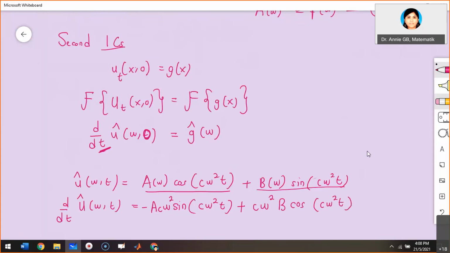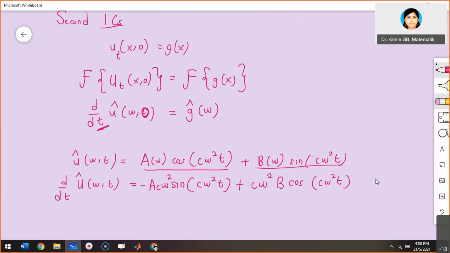Differentiate sine will give me cos, and then differentiate inside the bracket here will give me C omega squared like this. So saya nak tulis dia dengan baik. u hat t (omega, t) now. We have negative A omega sin (C omega squared t) plus B omega C omega squared cos (C omega squared t).